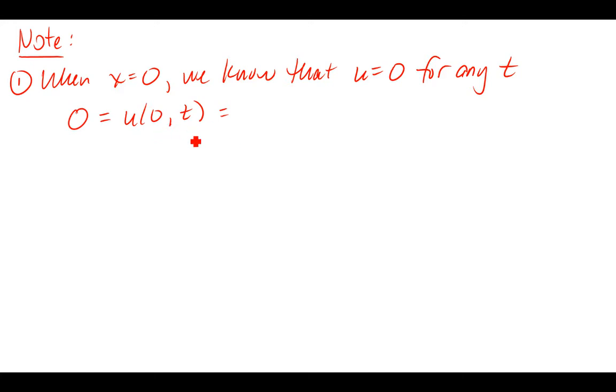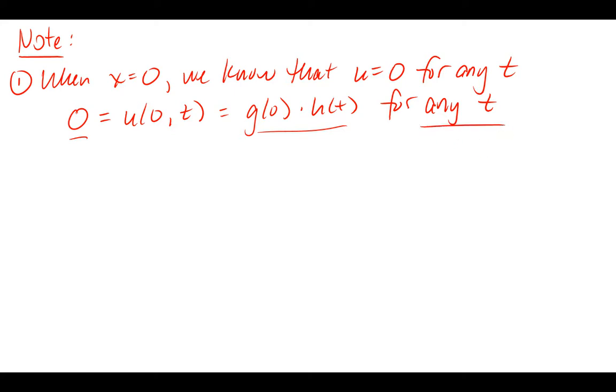But in our guess world, remember u is actually g times h, right? So that would mean g of 0 times h of t would have to be 0 for any time t. Well, look at what this says. This says you get 0 when you do the product of those two for all time t.